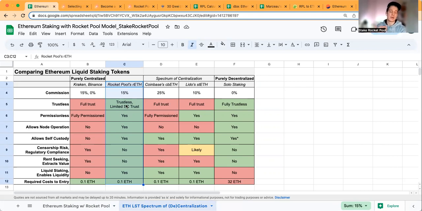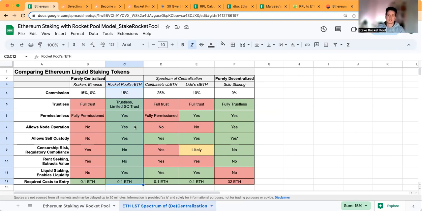So you're getting there, but you're also operating with the Rocket Pool protocol. But it does have a limited security circle trust. So there is a small group that helps maintain the Rocket Pool protocol. And so there is some trust, but it's very limited.